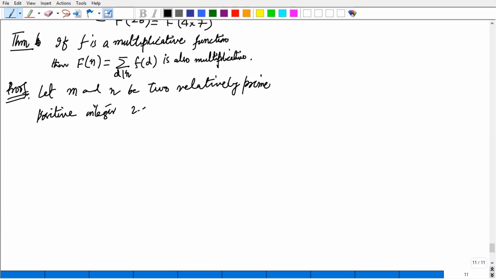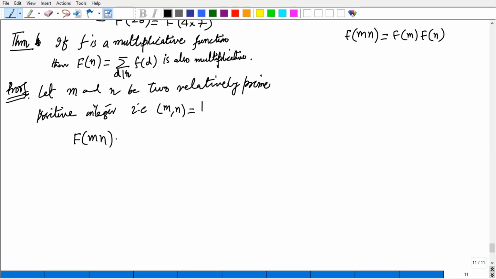That is, the GCD of m and n is equal to 1. Now we have to show that F(mn) is equal to F(m) times F(n).